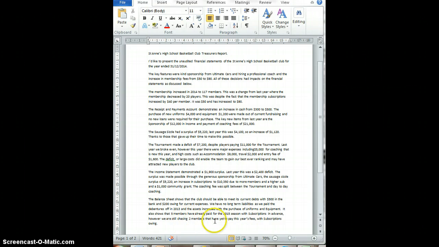It also shows that 5 members have paid in advance for the 2015 season, with that subscriptions in advance figure. So 5 9s are 45, so 450. However, we're still chasing 2 members that have yet to pay their fees with subs owing, and we'll put the figure in. Again, a really good mixture of numbers and putting there some non-financial stuff too.